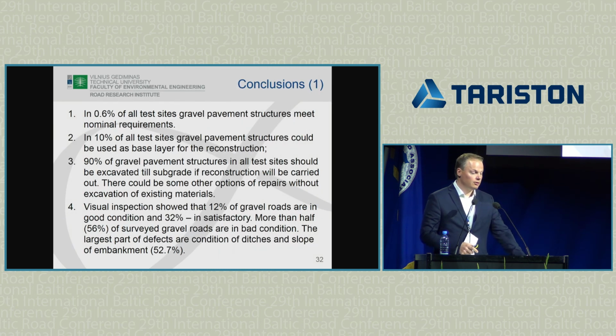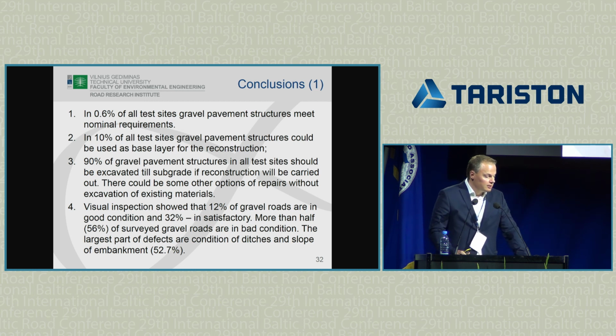And general conclusions. So, as it was said before, actually there are no such road sections in which everything is okay. So we have no such sections, or this percentage is very low. And actually 10% of tested sections can be used as base layer or base structure for asphalt concrete road.